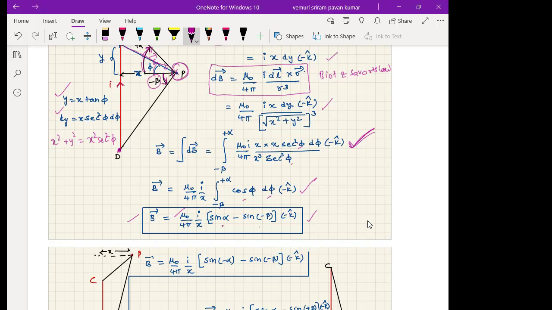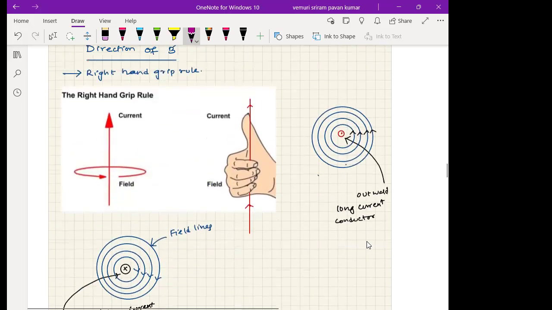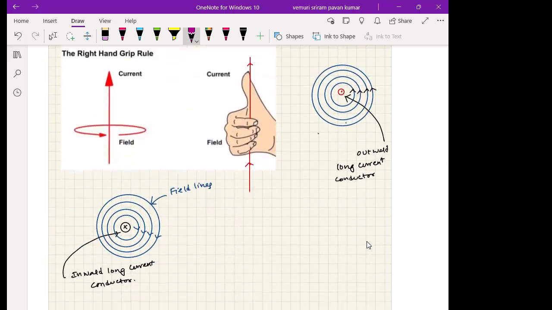You stretch your fingers along the right hand like this, and the curl of the forefinger represents the field lines. So if you have a current carrying conductor like this, on this side you will have inward magnetic field, and on this side you will have outward magnetic field. Why?